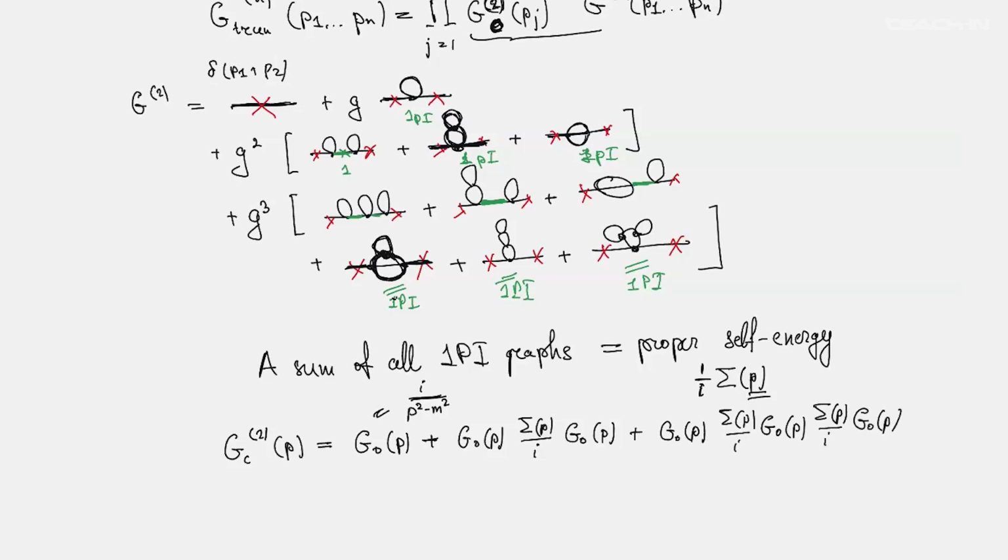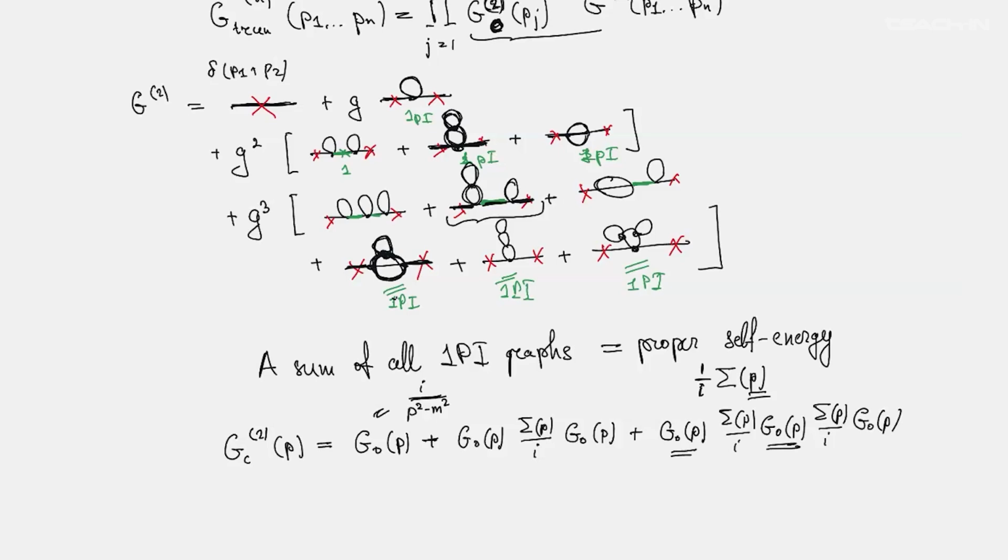So it restores one external propagator, G0 of P, another external propagator, another G0 of P, then there is a propagator in between, this guy, and then the contribution coming from the sum of all one particle irreducible graphs.